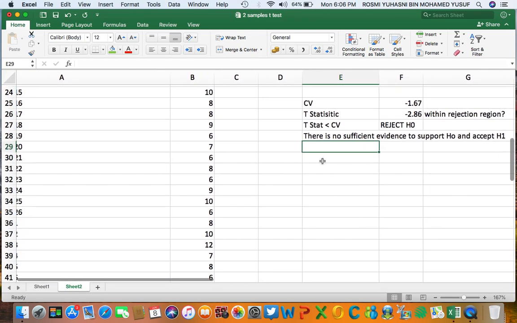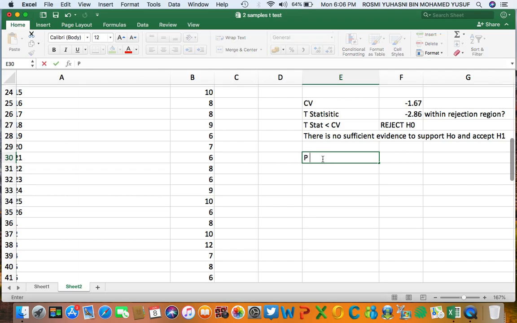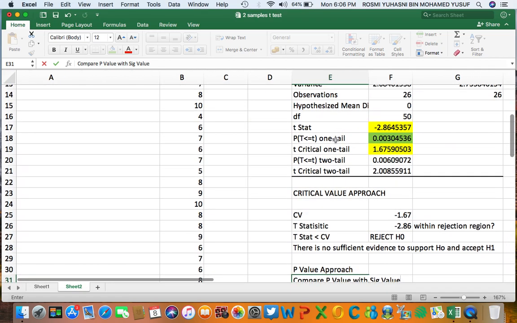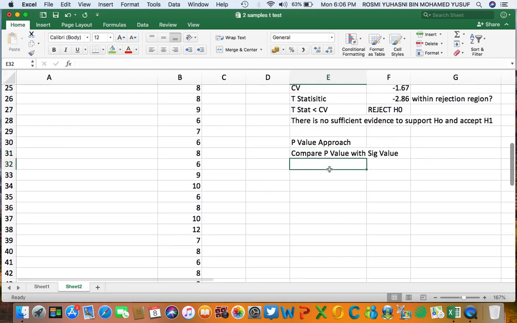Another approach that you can use for your two sample hypothesis testing is the p-value approach, where you compare the p-value with the significance value. I've highlighted here that our p-value is 0.003.